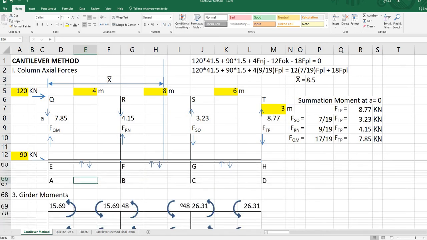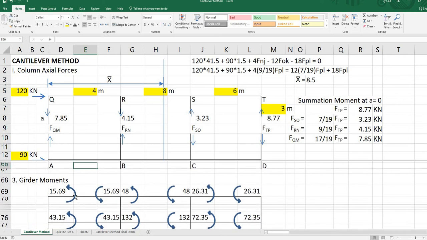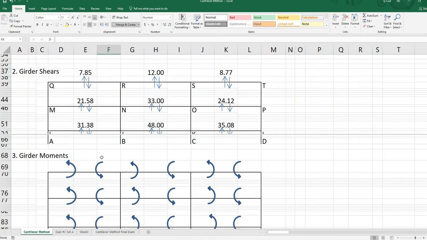Ganon din dito sa girder moments. Now, how do we solve for girder moments? The moment is actually the girder shear multiplied by the length all over 2, since the girder shear is acting at mid-span. Likewise, the column shear is acting at mid-height.